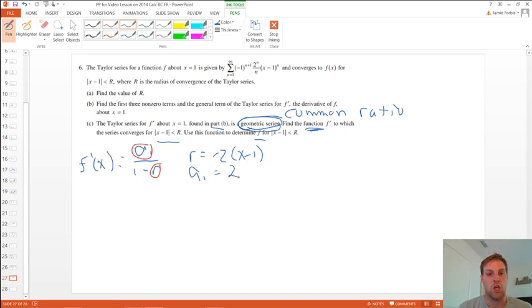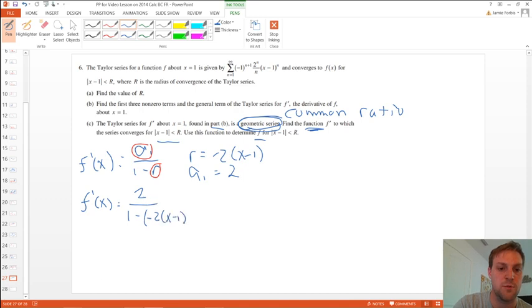So the function that is represented here, f prime of x, is equal to 2 over 1 minus the quantity negative 2 times x minus 1.